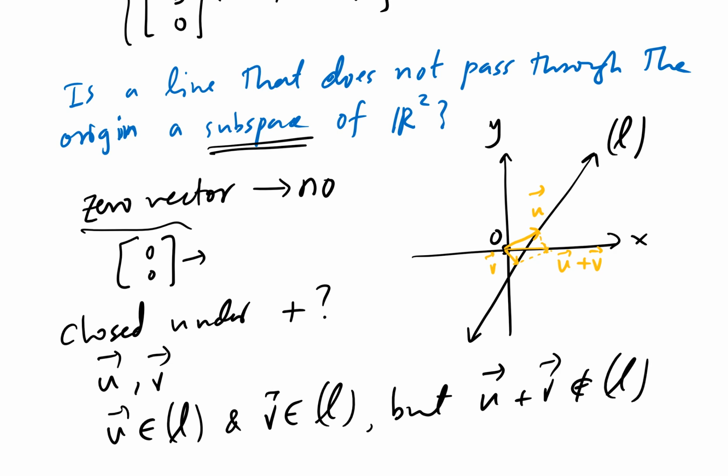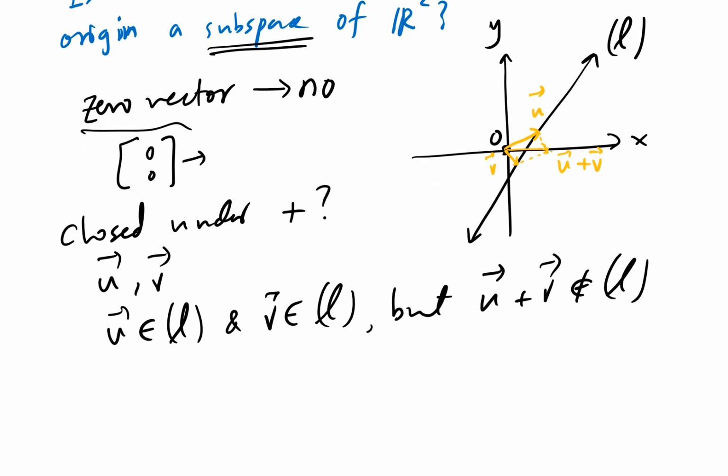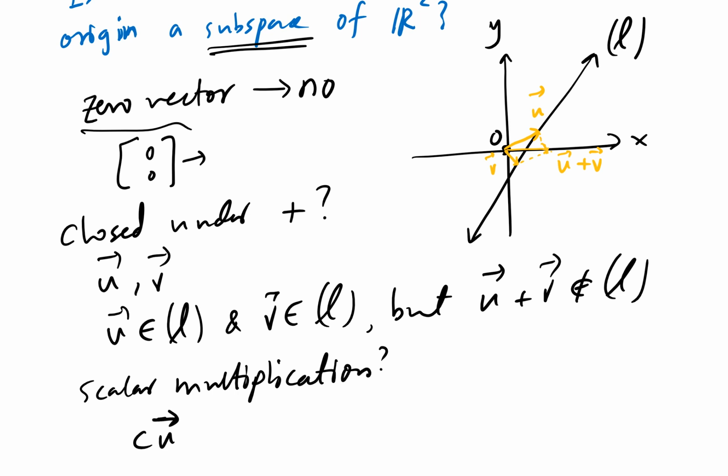So three things we need to check: is the zero vector in H, is it closed under addition, and the last one, is it closed under scalar multiplication? Let's test that out. I know you don't have to do it all, but just in case you'd like to see how to test them. So we need to see c times u. Is this on the line or not?